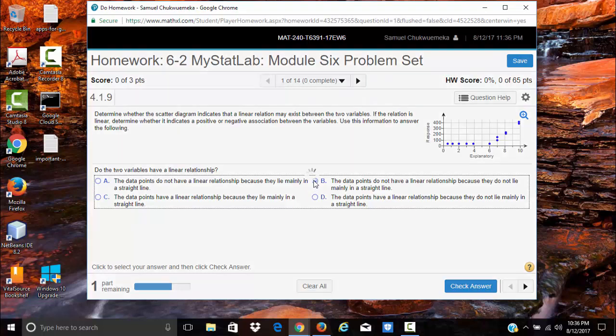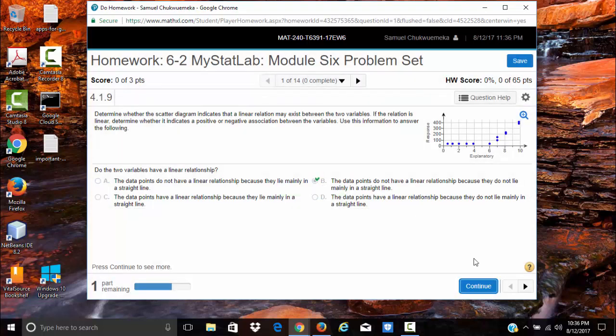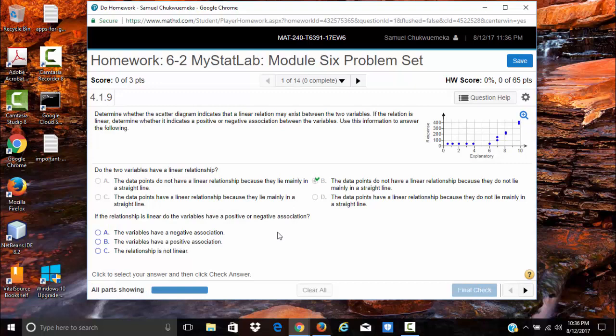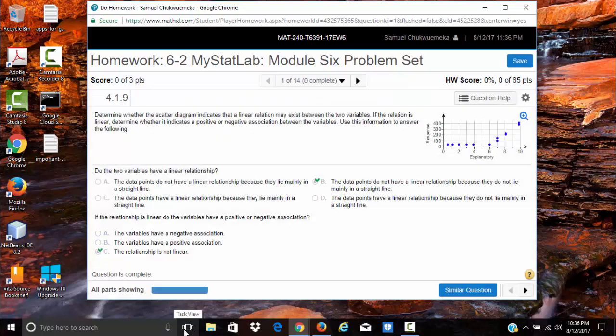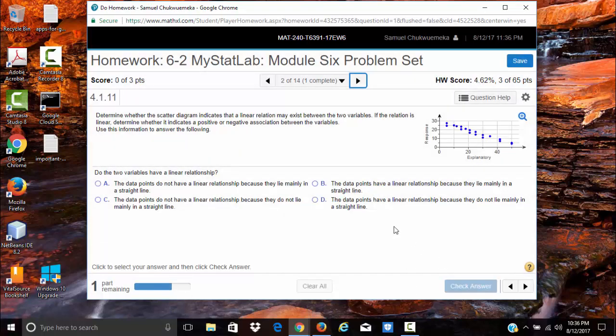That's it. If the relationship is linear, do the variables have a positive or negative association? Here the relationship is not linear.